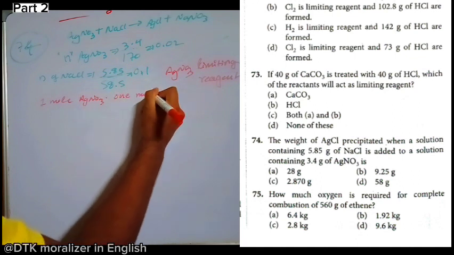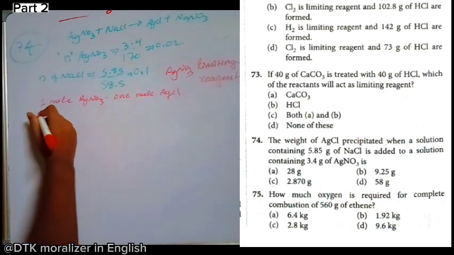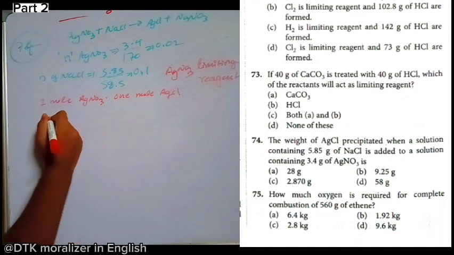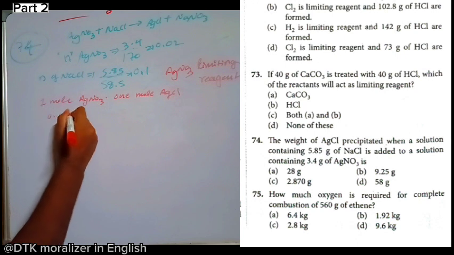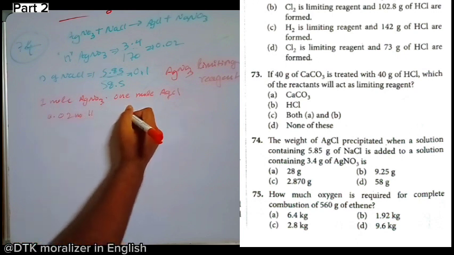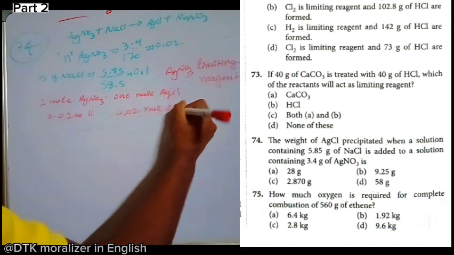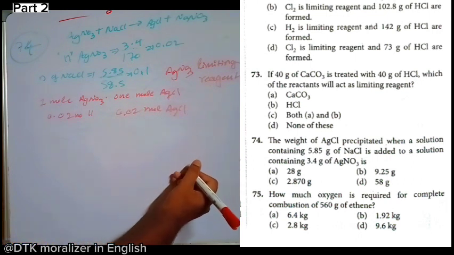So 1 mole of silver nitrate gives 1 mole of silver chloride. 0.02 moles of silver nitrate gives 0.02 moles of silver chloride.